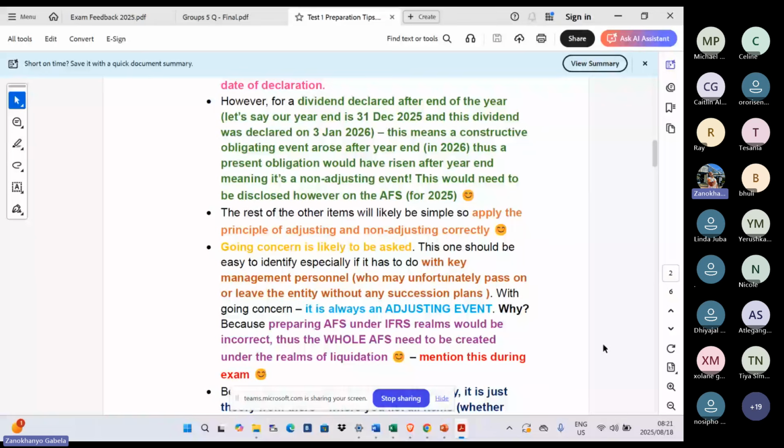Okay, and then how do we adjust this? By following the liquidation process. The liquidation process is a little bit intricate, so we don't cover it in your module, but you need to mention in the answer in the exam that due to the fact that there is a going concern issue, the financial statements may never be prepared using IFRS. What do I mean by that?